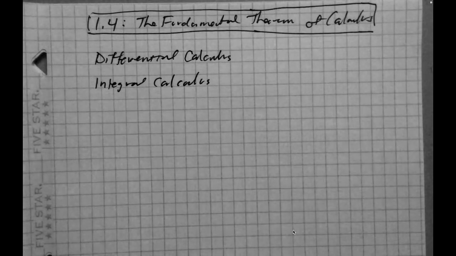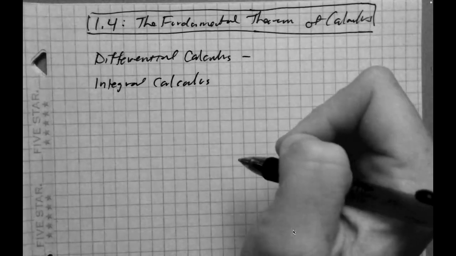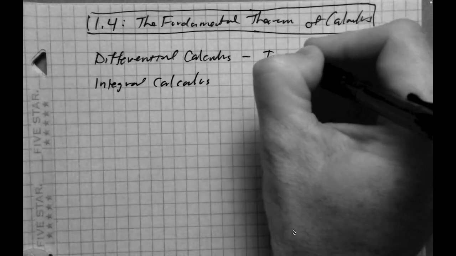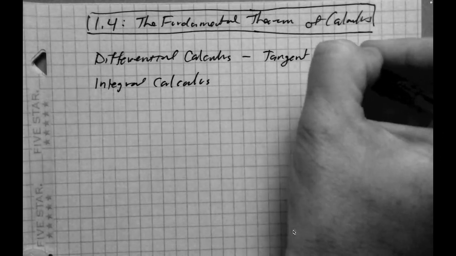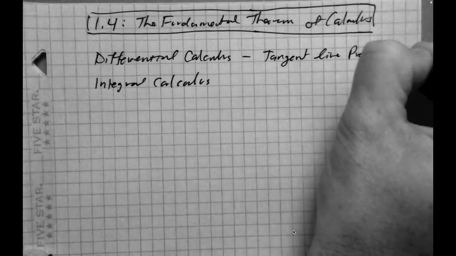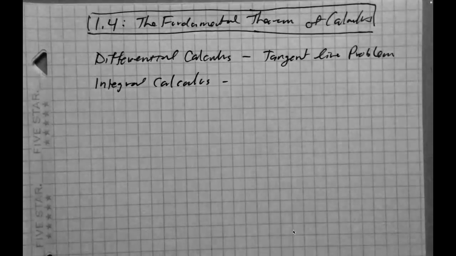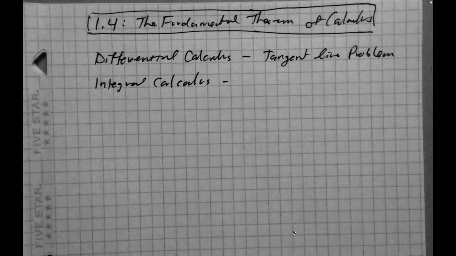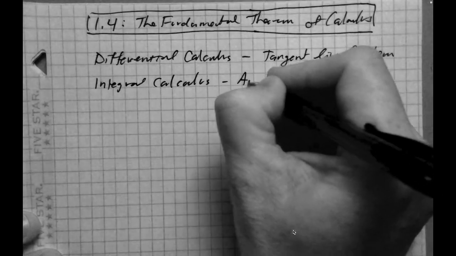So these are the two major branches of calculus, and you can think of them each as having their own fundamental problems, right? In the differential calculus, the fundamental problem is the tangent line problem. There are other things too, but that's one of the main motivators there. And in the integral calculus, the fundamental problem, you might say, is the area problem.